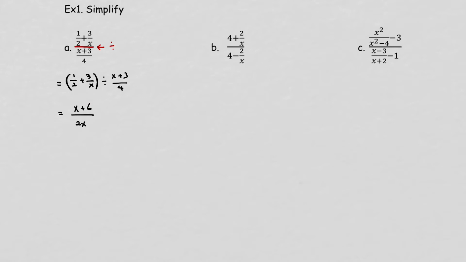And then change division into multiplication, flip the second fraction, and get rid of the common factor. And then multiply. Right? This is what you do, and that's what we went over from dividing rational expressions.